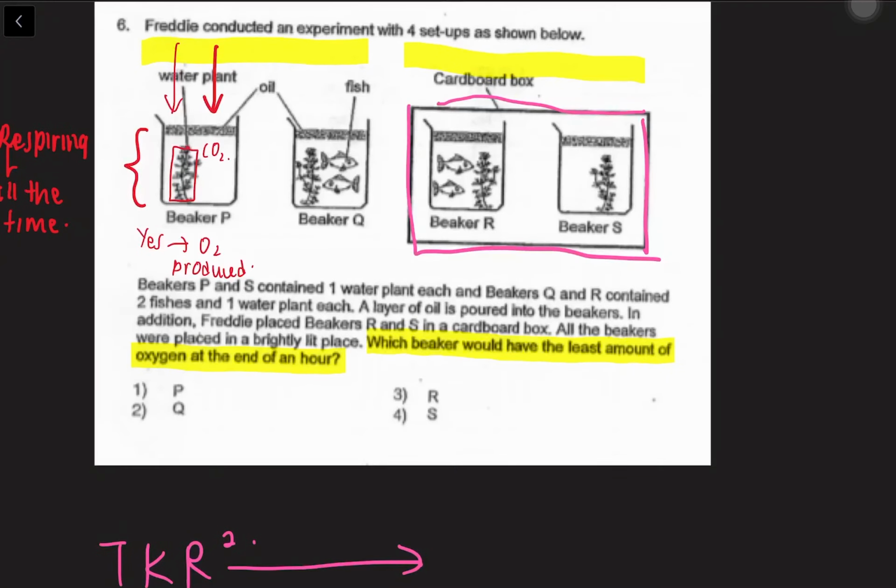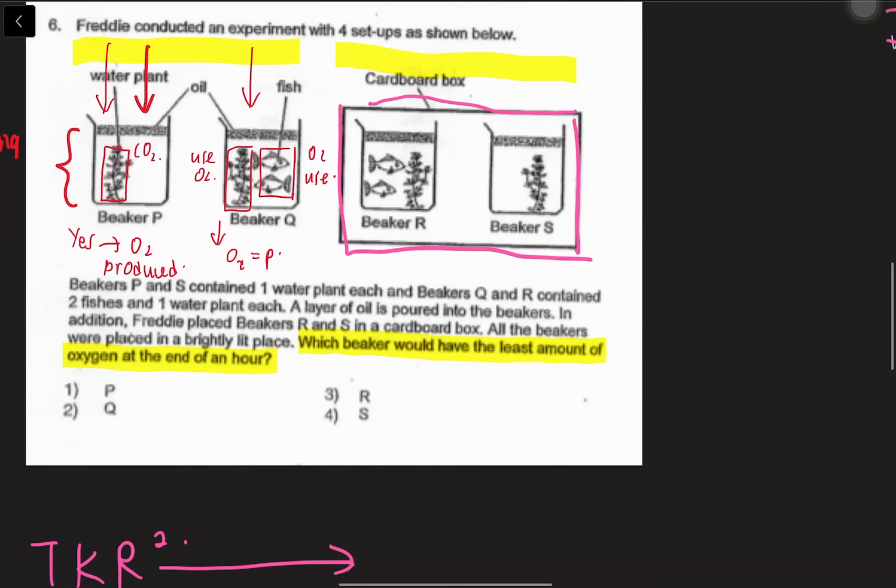So we see the next setup, beaker Q. Got light, fish is using up the O2, plant is using O2, but O2 is also being produced, right? Because of P. So then let's move on to the next example. Cardboard box.